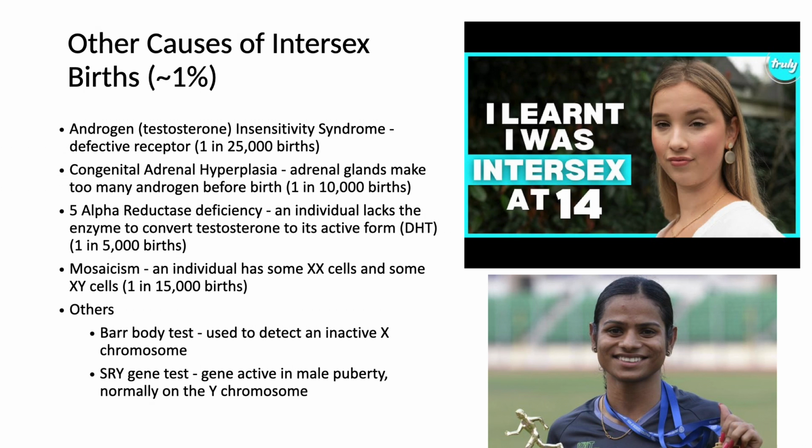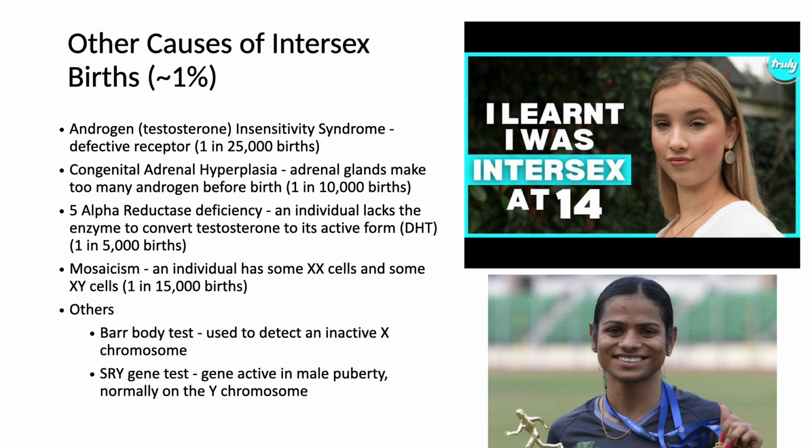And you can also have a defect in the enzyme that activates testosterone, the 5-alpha reductase deficiency, something like 1 in 5,000 births. They're genetically a male, but they have normal female anatomy except no ovary. You can also have females that look like males, that have male anatomy. This can be caused by congenital adrenal hyperplasia, where the adrenal glands make a lot of androgens.